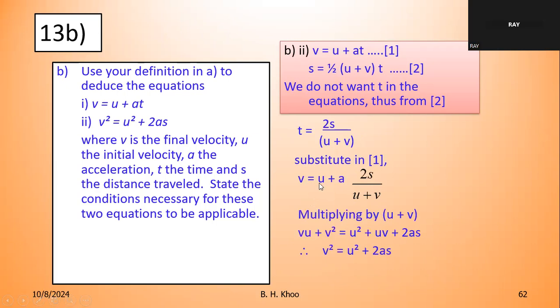So u plus v, uv, or vu, v square, that's what we get. Then u square, u times v, and then this one cancels off with u plus v. We got 2as. Right? v times u plus v cancels off. So we get our equation. Anything not clear? Yeah, clear. Okay, let's go to the next equation.